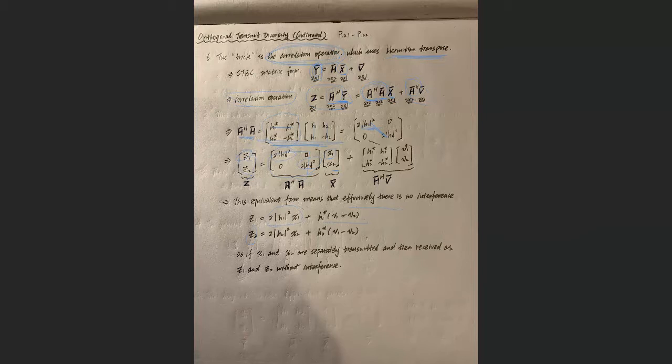So Z2 is only about x2, and Z1 is only about x1. There's no interference between them. So it is as if x1 and x2 are separately transmitted and then separately received as Z1 and Z2.